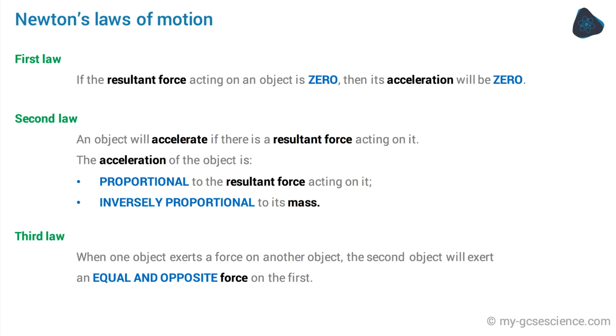That's plenty on Newton's third law, so let's just finish off with a brief recap of his first and second laws. The key equation for this part of the course is F equals ma. Just remember that F stands for the resultant force which is acting on an object. Newton's second law says that the acceleration of the object is proportional to the resultant force acting on it, but is inversely proportional to the object's mass.